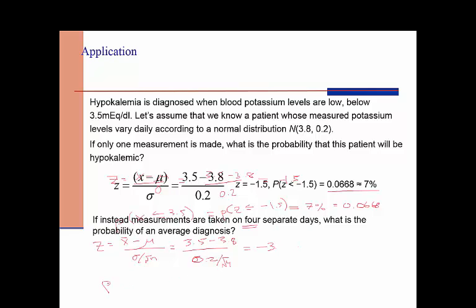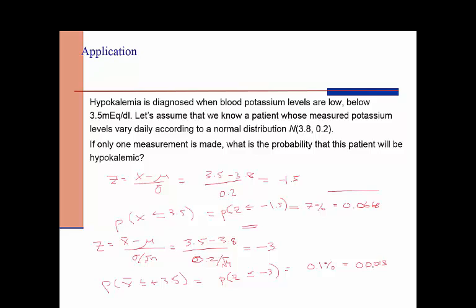So we're trying to find the probability of x bar being less than or equal to 3.5. That's the same as the probability of z being less than or equal to -3. Again, if you go to Minitab and put this in, you get about 0.1%, which comes out to be about 0.0013.